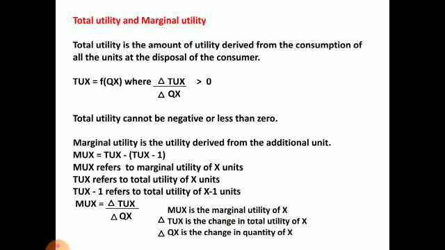Now, what is marginal utility? The utility derived from an additional unit is called marginal utility. Marginal unit is that unit which yields the least utility in the various uses of the commodities. Now, if you see symbolically, we say MUX is equal to TUX minus TUX minus 1.